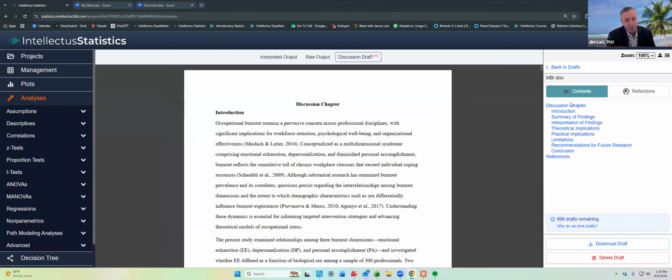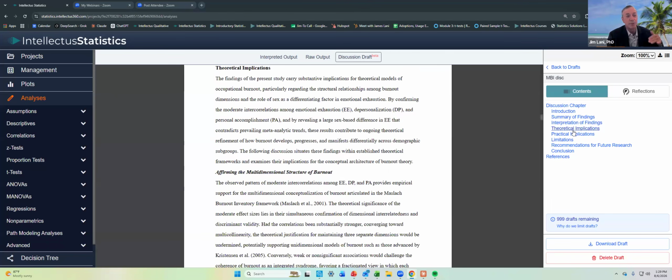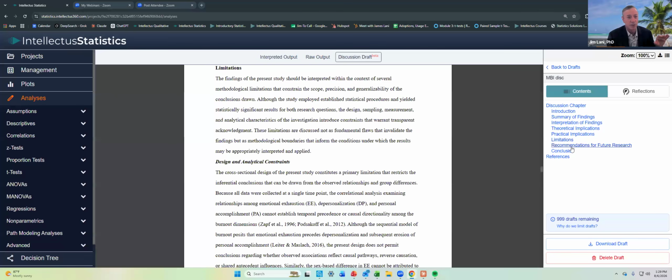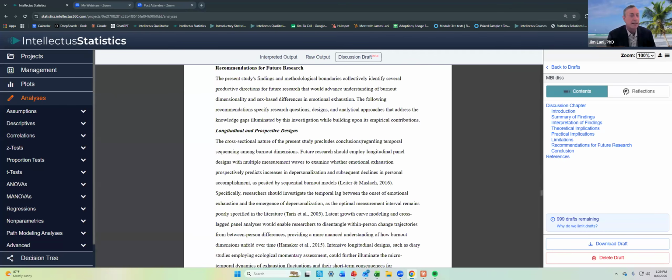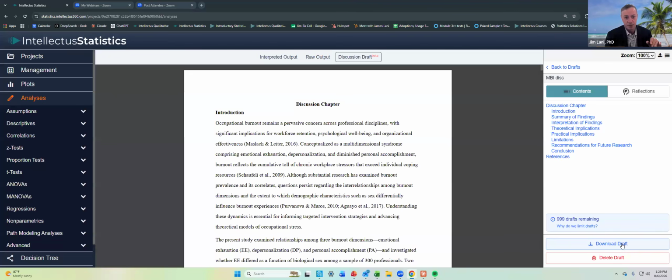This would be an example of a discussion chapter, which has an interpretation of the findings, then theoretical and practical implications of your findings, limitations, and conclusions and recommendations. It does take a minute, but that's a cool way to have a draft of your results, download here, and a draft of your discussion, download here.